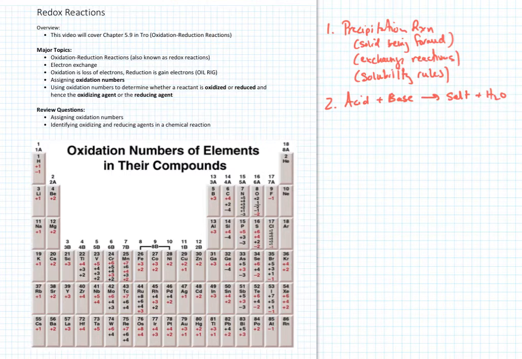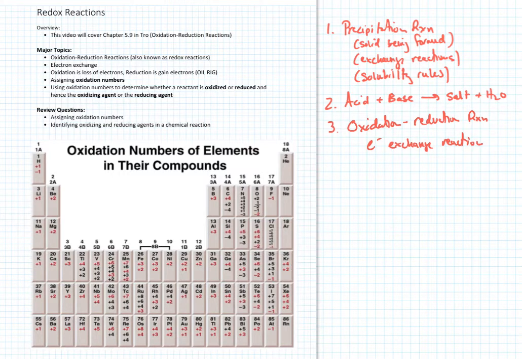And the third type of reaction is the one we're dealing with today, and that is an oxidation-reduction reaction. And I've already mentioned that this is an electron exchange reaction. And there's a couple of things we're looking for.